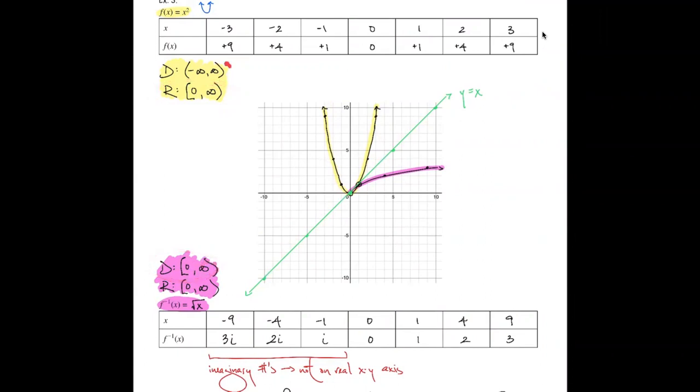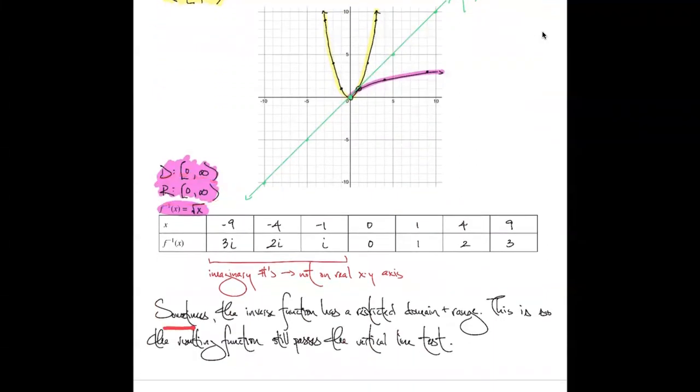But we might also notice that the domain of the original function is not the same as the range of the inverse function. That is what we mean by sometimes the inverse function has a restricted domain and range, right? Sometimes we need to restrict it so that our resulting graph or equation is still a function, okay?